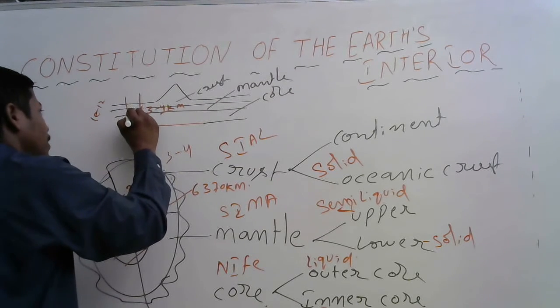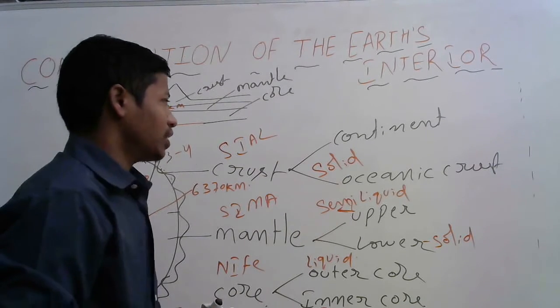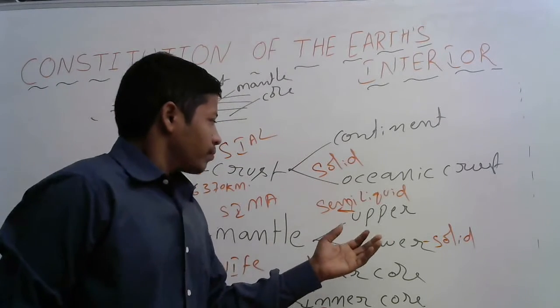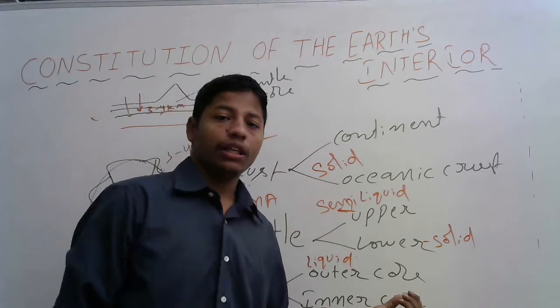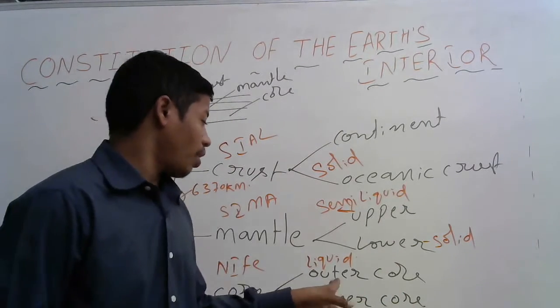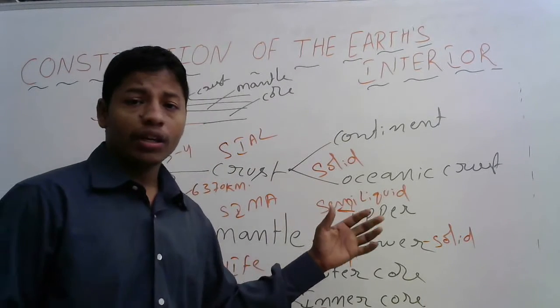But how can we predict the earth structure: the upper mantle containing a semi-liquid state, the outer core beginning at 2,900 kilometers containing the liquid state, and the different layers of chemical composition?